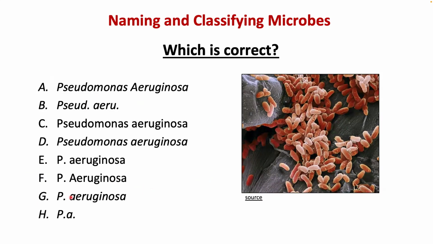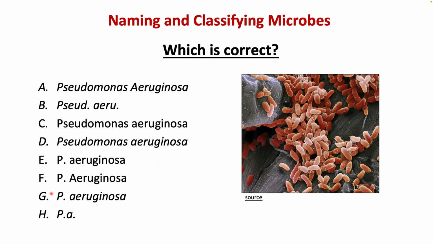So back to this page again. Which of these names do you think is correct? Take some time, think it through, and then give me an answer. The answer is D and G. In D, you can see we have the genus name and the species name, genus capitalized, species name well written.